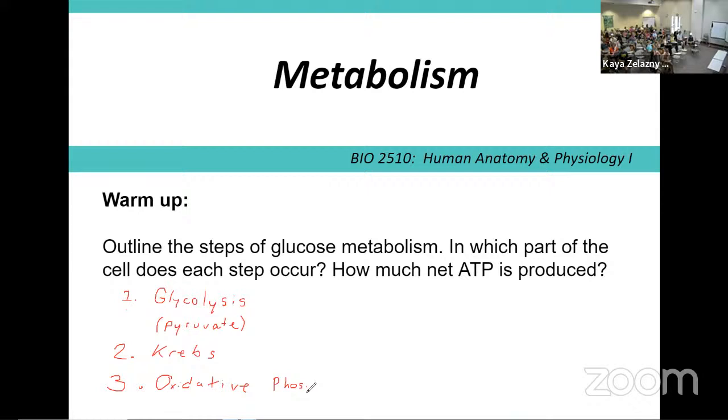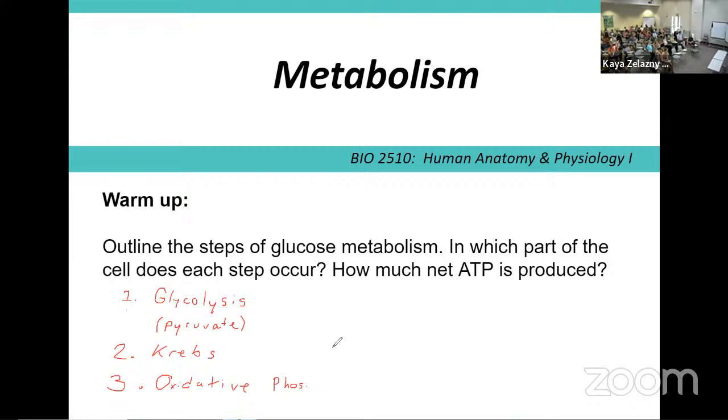Cool. So those are the steps we're focusing on. And numbering them this way means that you know which ones are going to be producing ATP. This is why your book doesn't focus on that pyruvate linking step, because we're not producing any ATP there.